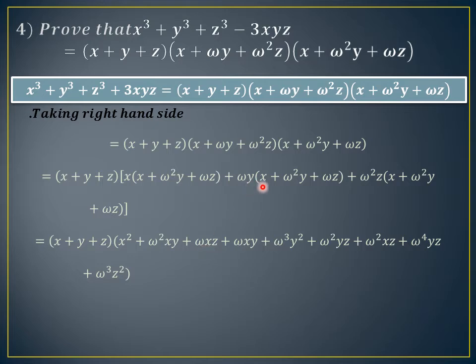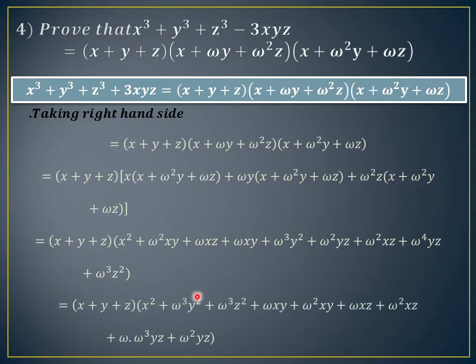Same goes for the next: omega y into x is omega xy, omega y into omega square y is omega cube y square, omega y into omega z is omega square yz, and lastly, omega square z into x is omega square xz, omega square z into omega square y becomes omega 4 yz, since omega square and omega square become omega 4. Omega square z into omega z will become omega cube z square.